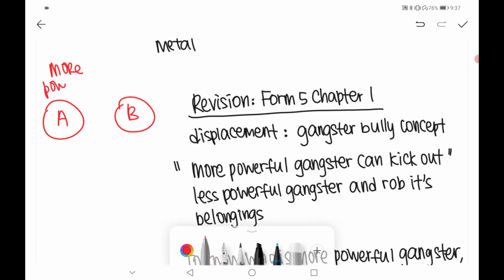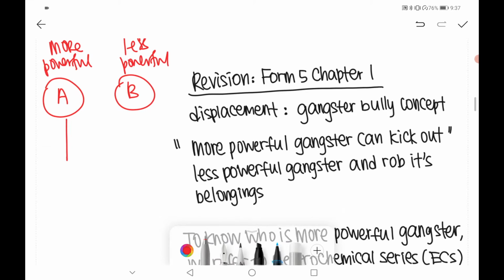B is a less powerful gangster. This is A and this is B. Just assume B has a girlfriend. Just assume this is the girlfriend of B.